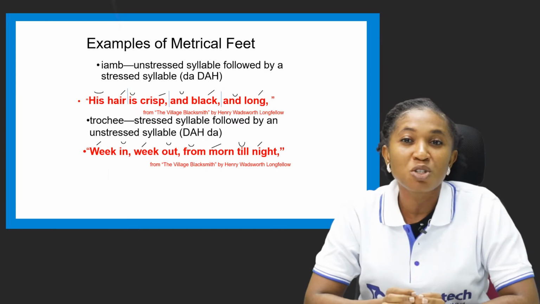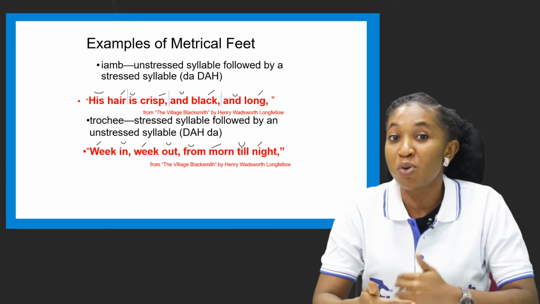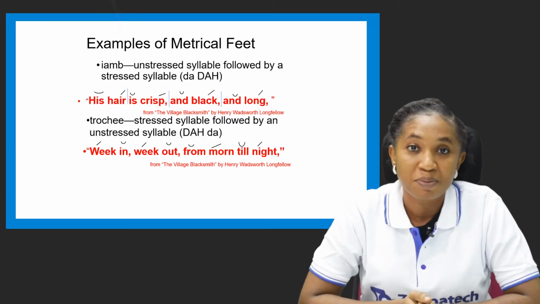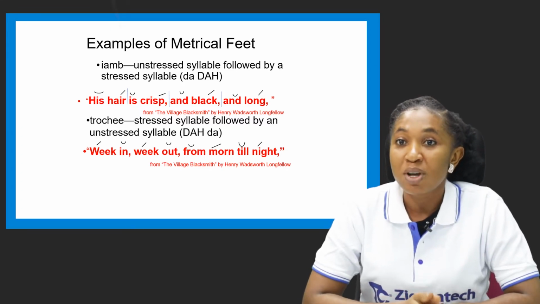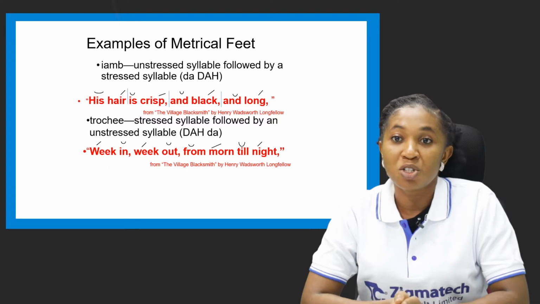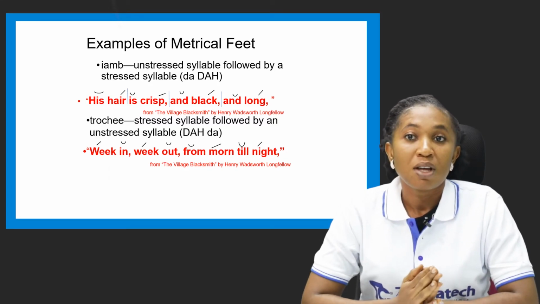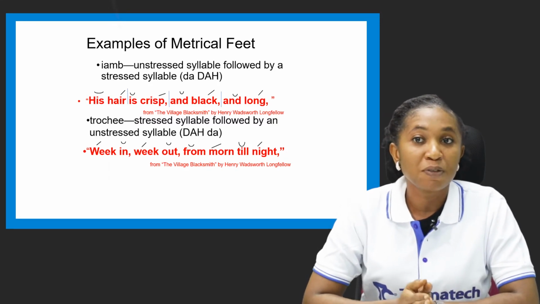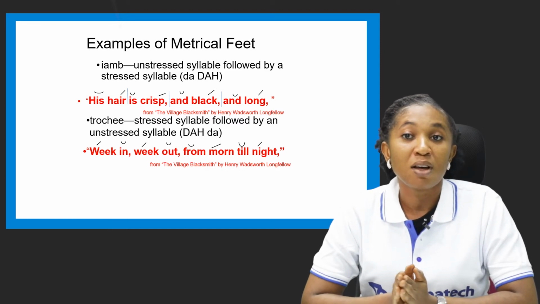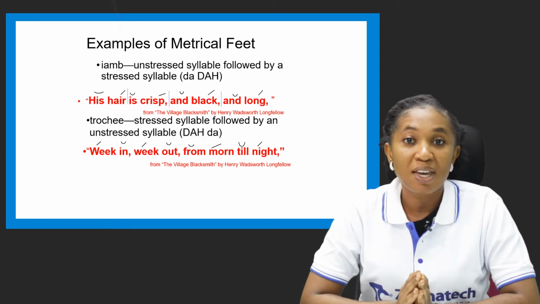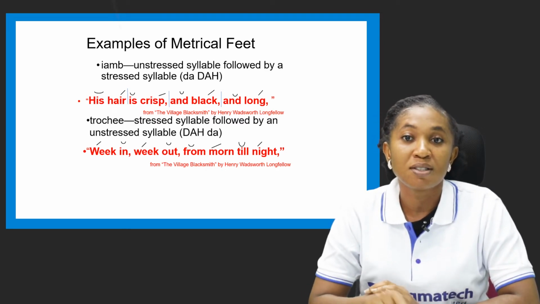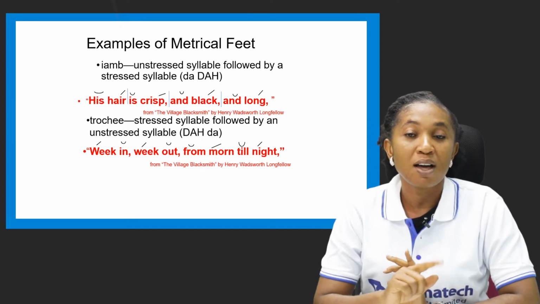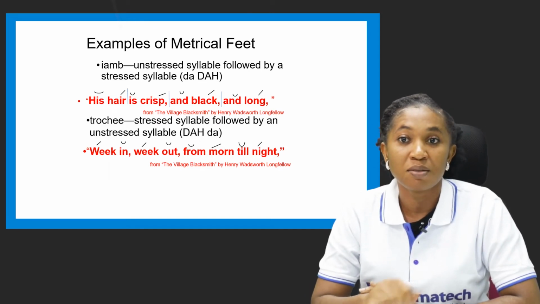So we can say that trochee is the opposite, or the reverse, of iamb. Iamb is an unstressed syllable followed by a stressed syllable. Trochee is a stressed syllable followed by an unstressed syllable. So instead of da-DUM, we have DUM-da.